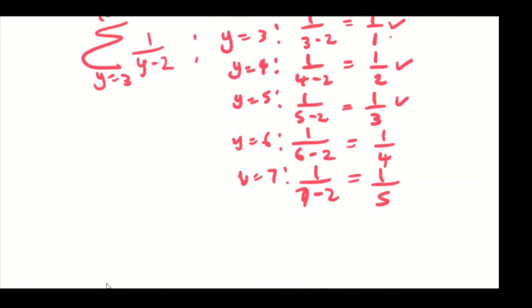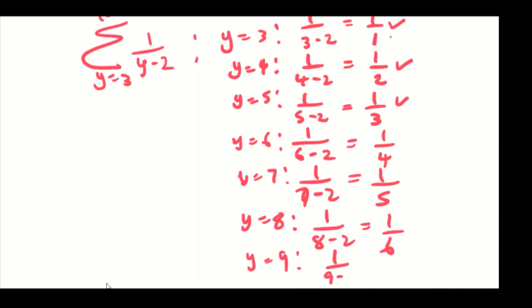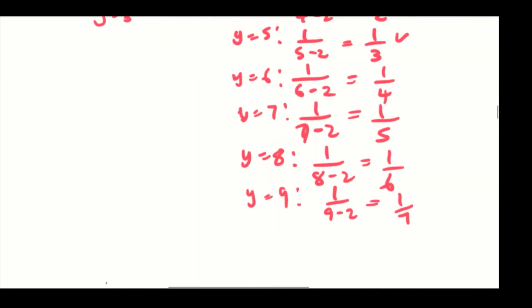And y is equal to 8, so it's going to be 1 over 8 minus 2, which is 1 over 6. Y is equal to 9, 1 over 9 minus 2 is equal to 1 over 7. And y is equal to 10, which is 1 over 10 minus 2, which is 1 over 8.